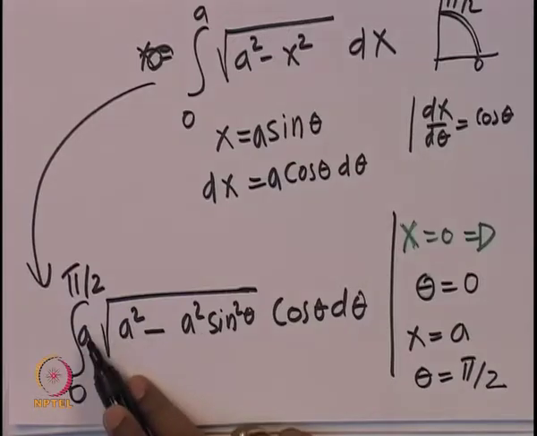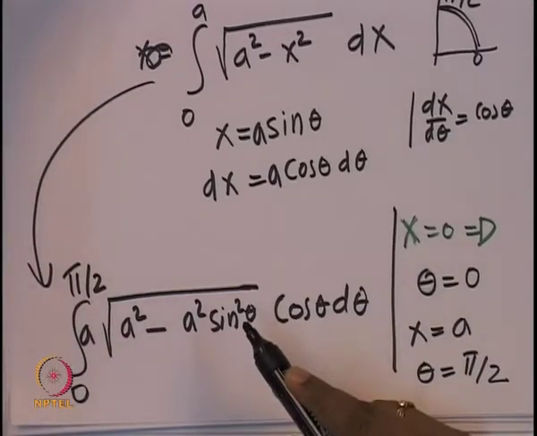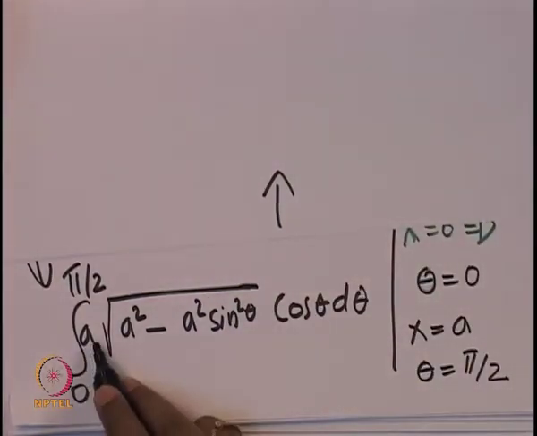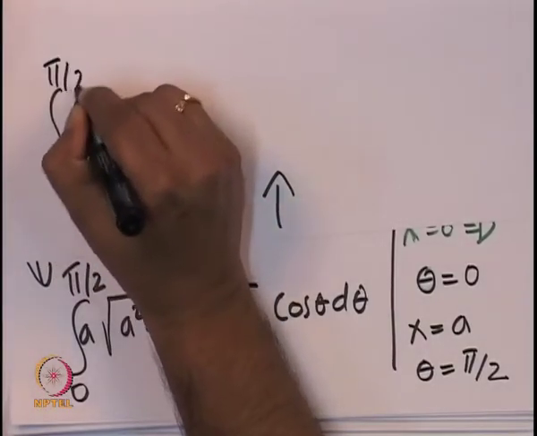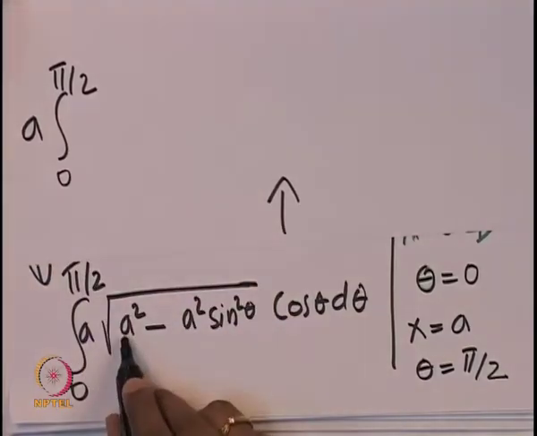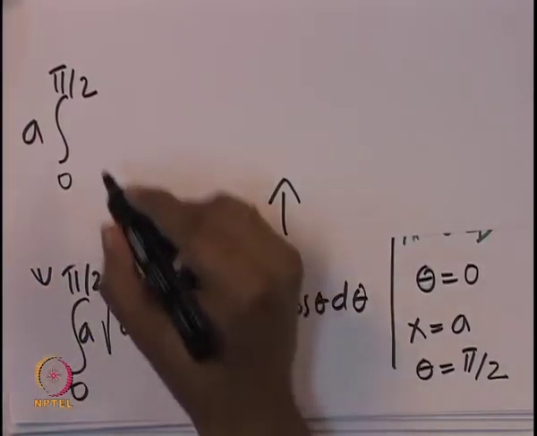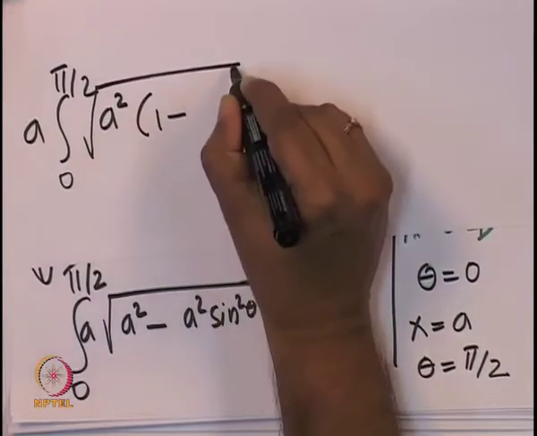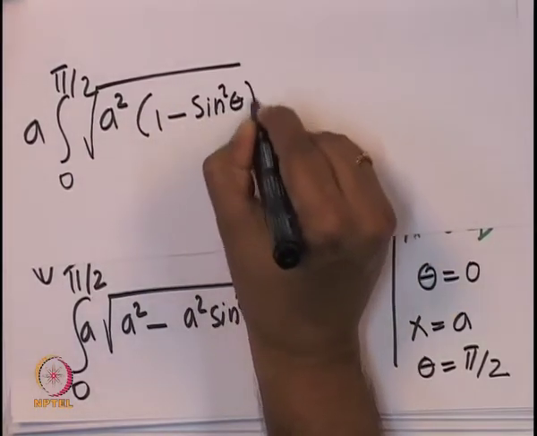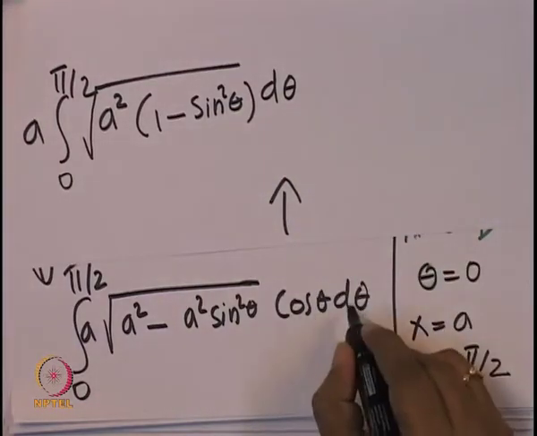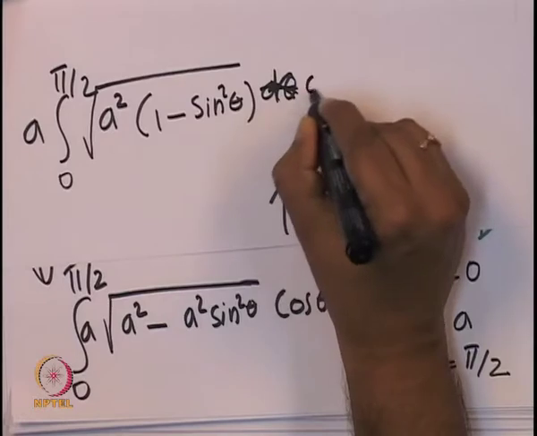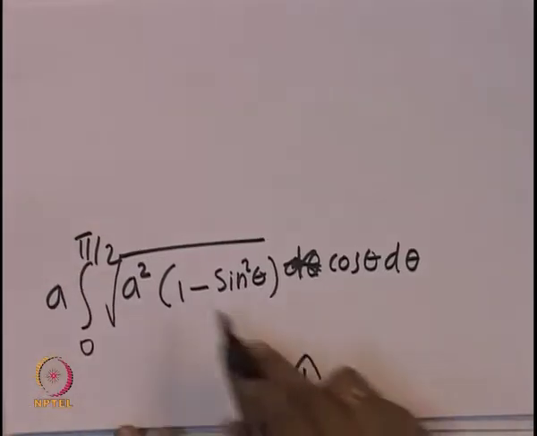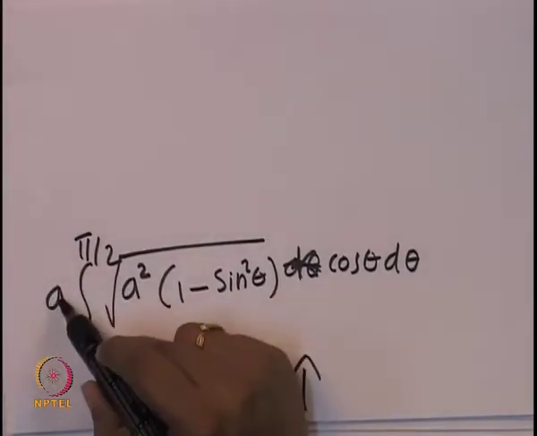Root of a square is a, and a times this a is a square.